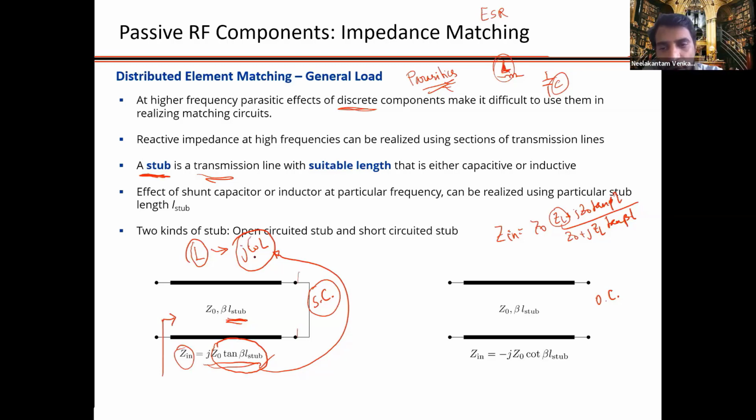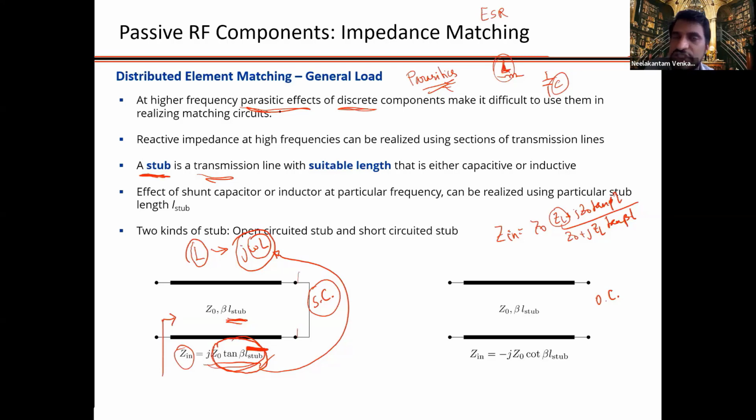As long as this omega L is the same as this term here, I can design the length of the stub so that this short circuited transmission line behaves like an inductor. And that will be a very precise reactance without any parasitic effects. So that's the advantage of a stub over a discrete component.